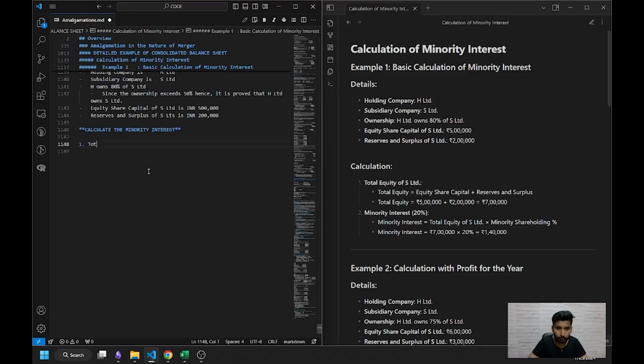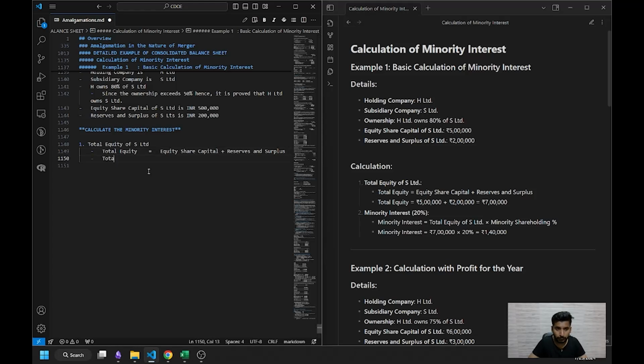Number one, total equity of S Limited. The total equity of S Limited is as follows. So total equity is going to be the sum of equity share capital plus reserves and surplus.